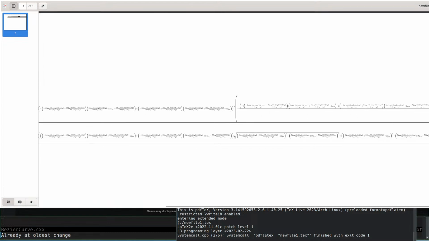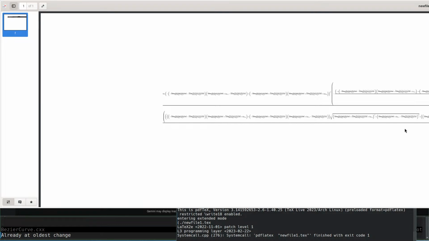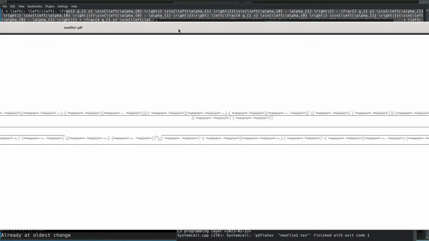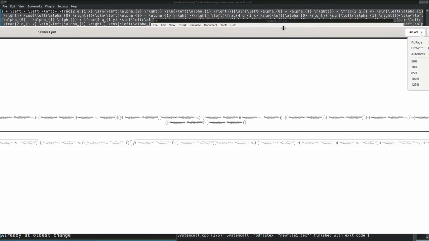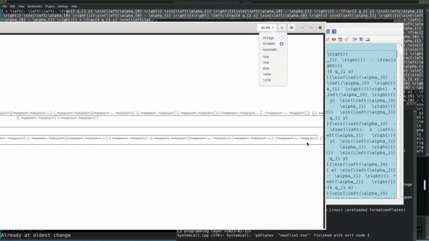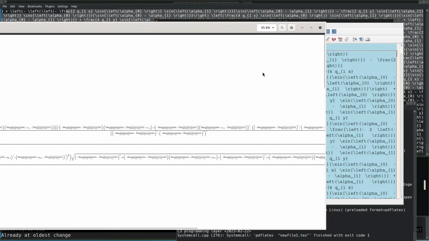I mean, it's not readable anymore, but even if you do fit width, it's still cut off. You can see it all, but it did not fit. Well, even A0 landscape is not enough to show this. You can't zoom in further than this. It's also very interesting.